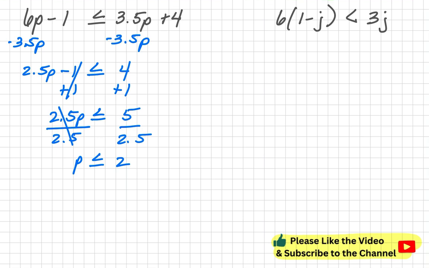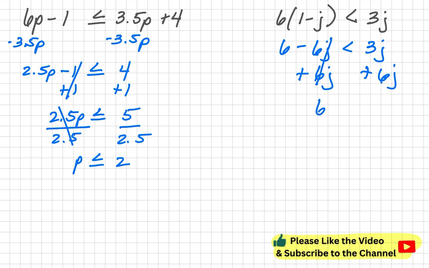And then for the last one, to simplify it, we're going to distribute because we have some parentheses involved here. So I have 6 minus 6j is less than 3j. Isolate, I have j on each side. For me, it's easier to move the 6 over. Since it's a negative 6j, I'm going to add 6j to both sides.